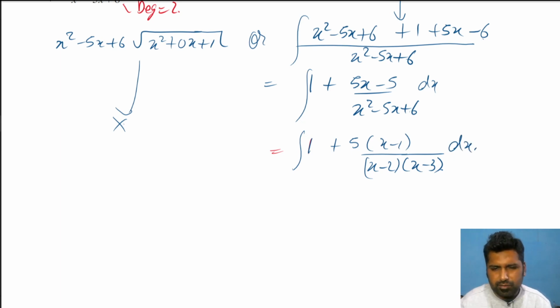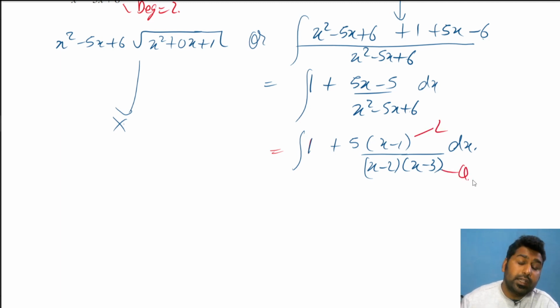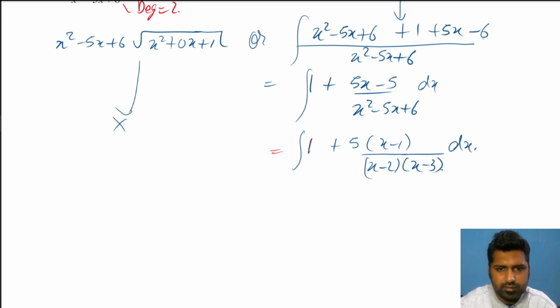Now if you recall from the last lecture, this is linear and the denominator is quadratic. Yes, you can go for the standard form, d by dx of the quadratic plus b, something like that. But partial fraction is much faster than that.